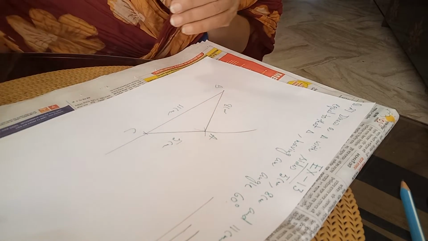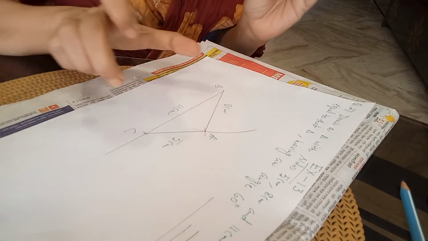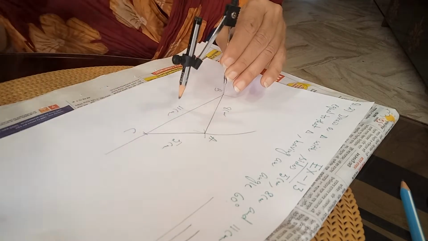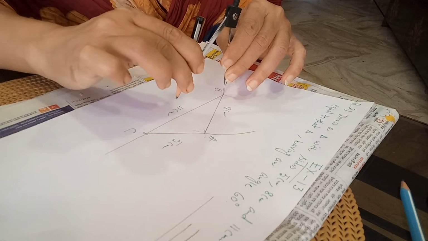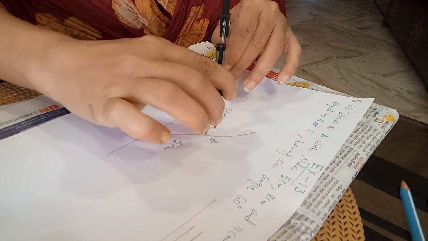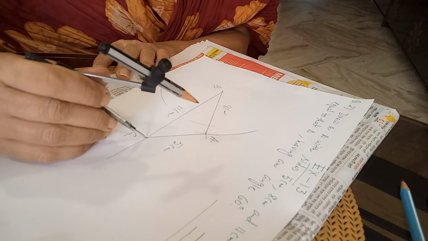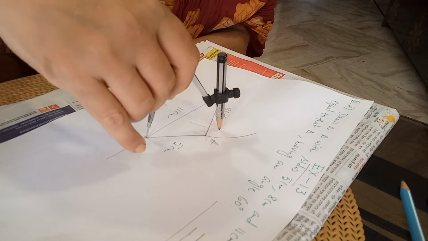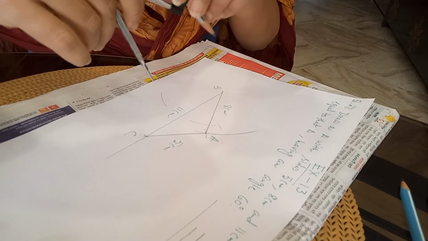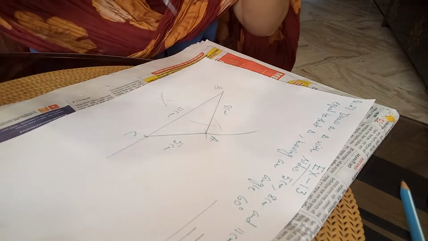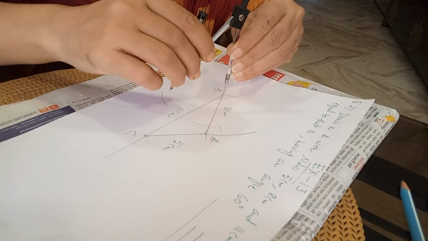Okay, now my next process is that you have to bisect the base. You know bisection, how to bisect. You will take more than half, then draw here one arc, here one arc. Again with same measurement, place over C, draw one arc here, draw another arc. They should intersect.